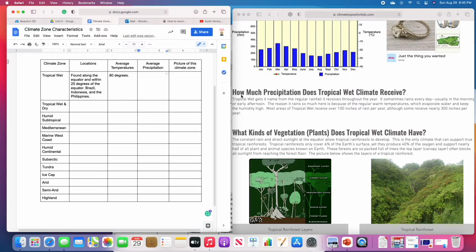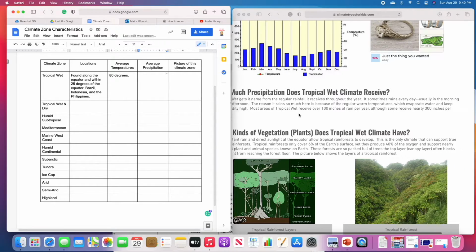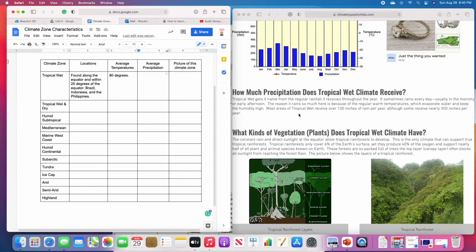We'll look at this question: how much precipitation does tropical wet climate receive? Tropical wet gets its name from the regular rainfall it receives throughout the year. It sometimes rains every day, usually in the morning or early afternoon. The reason it rains so much here is because of the regular warm temperatures which evaporate water and keep the humidity high.